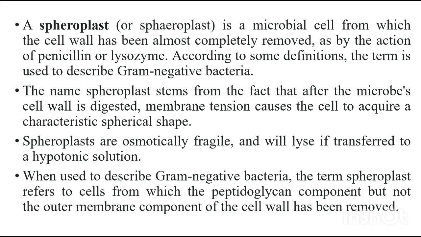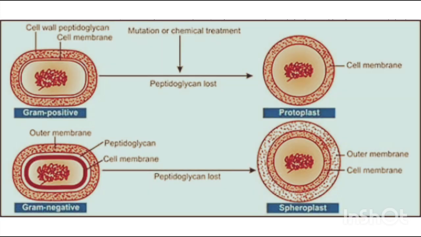When used to describe gram-negative bacteria, the term spheroplast refers to the cells from which the peptidoglycan component, but not the outer membrane component of the cell wall, has been removed. So actually in case of gram-positive bacteria, they have a cell membrane and outer to the cell membrane a thick peptidoglycan layer is present.